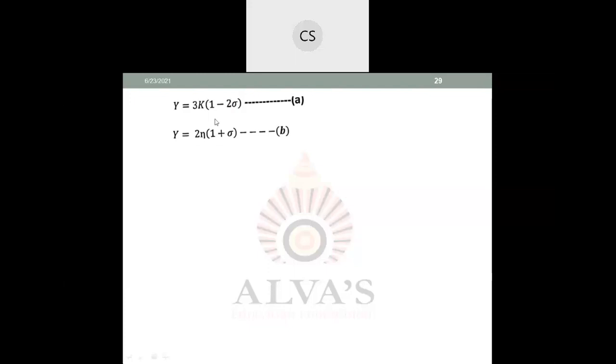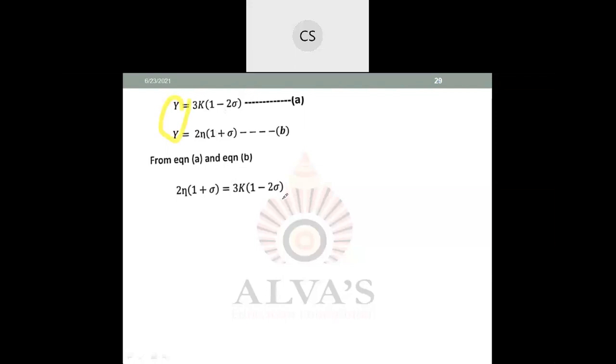Let me take that expression once again. Y is equal to 3K into 1 minus 2 sigma, and Y is equal to 2 eta into 1 plus sigma, whatever we have seen in the previous slide. From equations A and B, the left hand side is common, Young's modulus.